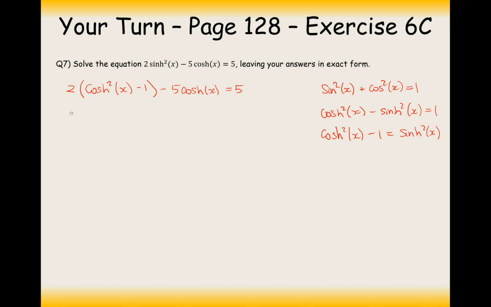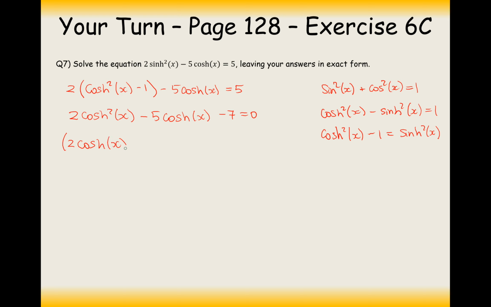So let's now expand the brackets. It's going to be 2 cosh squared x, I'll get a minus 2, so that when I move the 5 over, it's going to be minus 2 and minus 5, so minus 7. So minus 5 cosh x minus 7 equals 0.